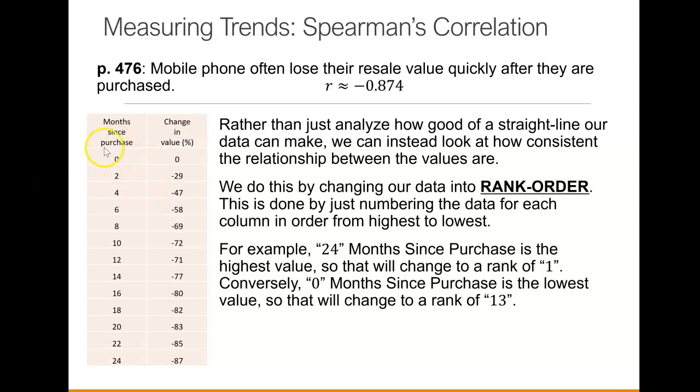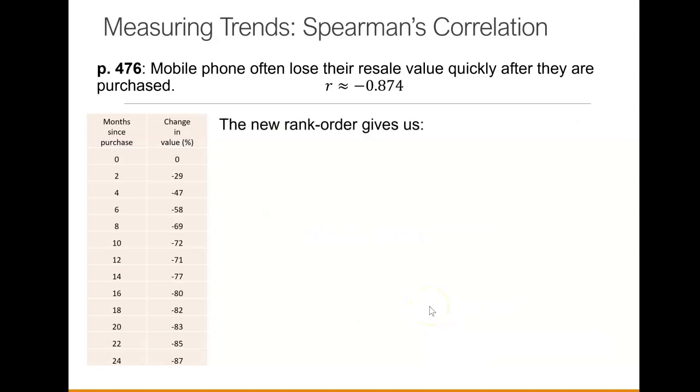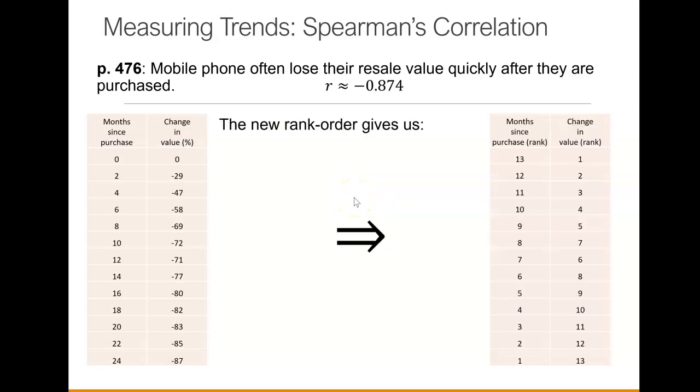So again, we've just changed this to 13, 12, 11, 10, all the way down to 0. And we'll do the same in the second column. So our new rank order becomes this. 24 is our biggest value, becomes 1. 0 is our biggest value, it becomes 1.